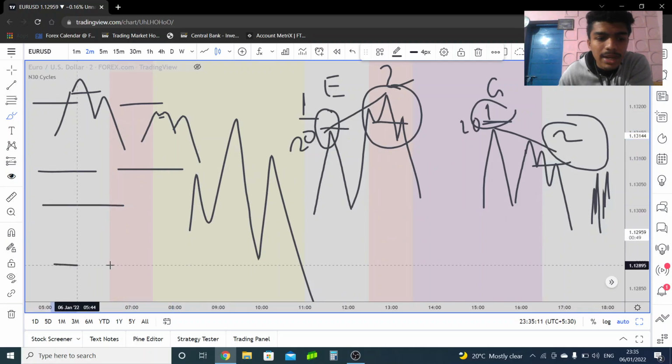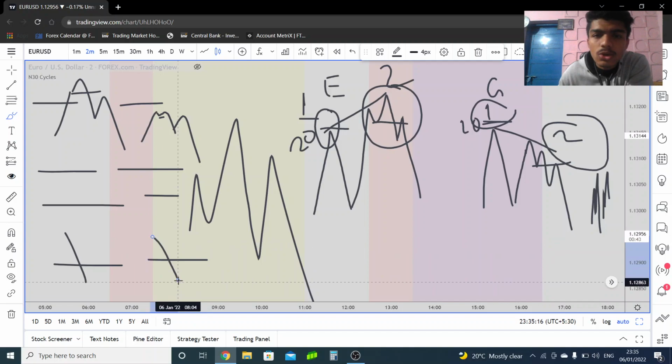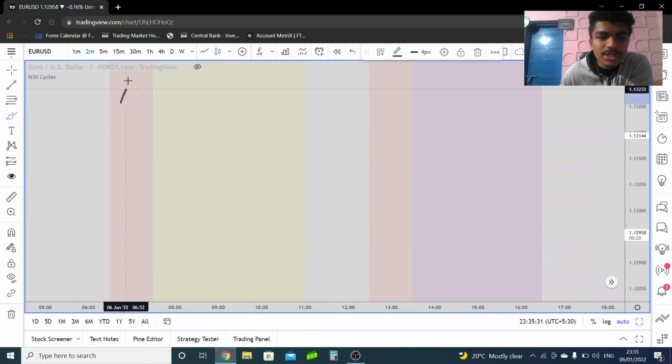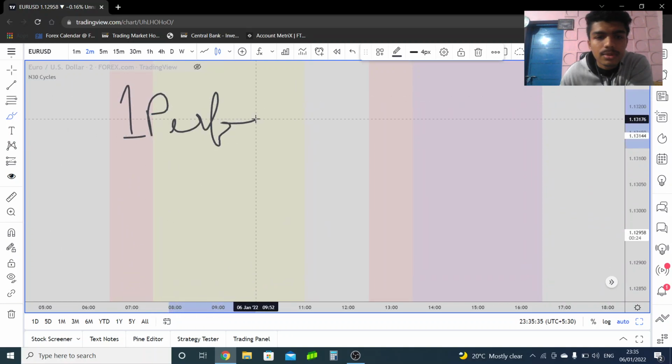If Euro is breaking the previous day low and GBP is not also breaking the previous day low, that means this is not the right time to look for SMT, right? There are three conditions which I am going to give you all. The first condition is perfect SMT.